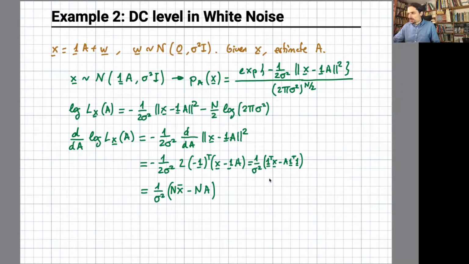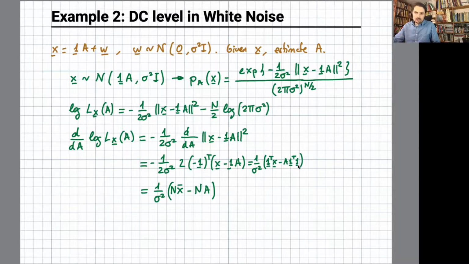Now we just need to note that the inner product between the vector of all ones and the data vector is just the sum of the samples, and that sum can obviously be written as n times the average or sample mean. And it's also easy to see that the inner product between the vector of all ones and itself is n, right?